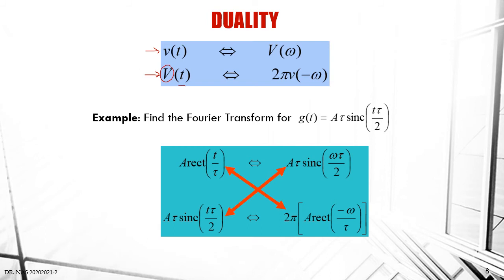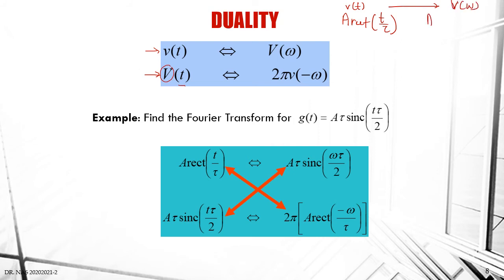So let's look at the example. Given g(t) equal to A tau sinc(t tau over 2). Obviously, you know that when you have a function v(t), a rectangular function of t over tau, this will produce V(omega), the capital V(omega).